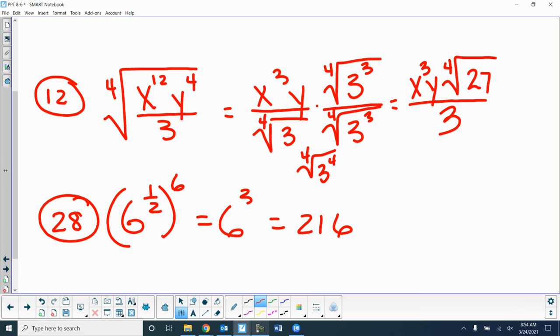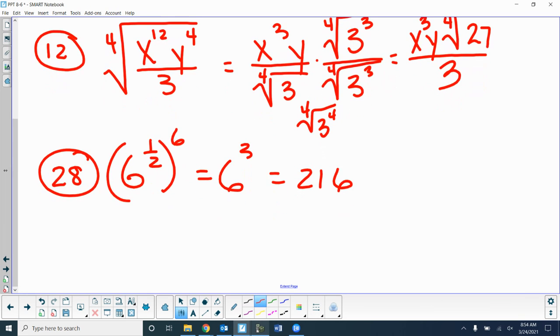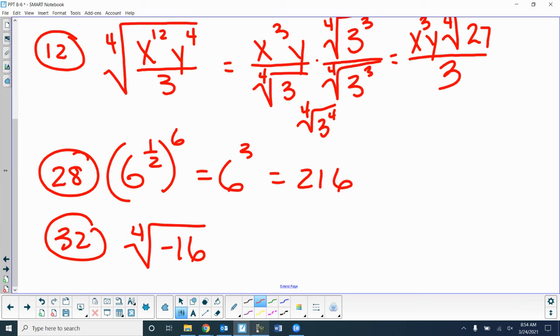Okay, plus 4, 32. The fourth root of negative 16. Is that okay? Even index and negative. Can we do that? No. If that was an odd index, then we could try to figure that out.